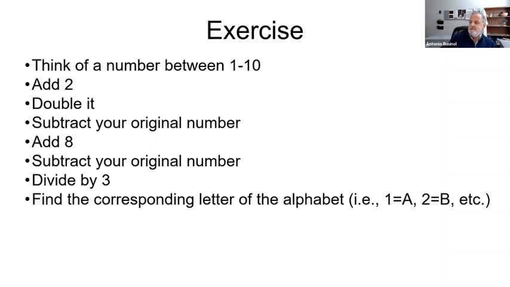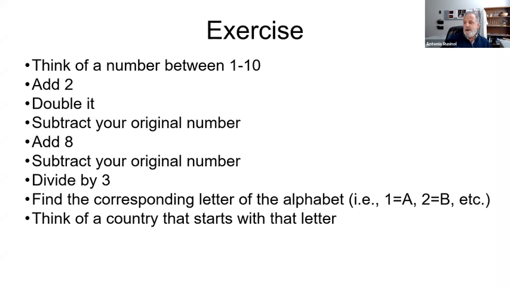And now find the corresponding letter of the alphabet that corresponds to that number. So 1 equals A, 2 equals B, etc. So once you have that letter, think of a country, you can write it down if you want, that starts with that letter. Got it?